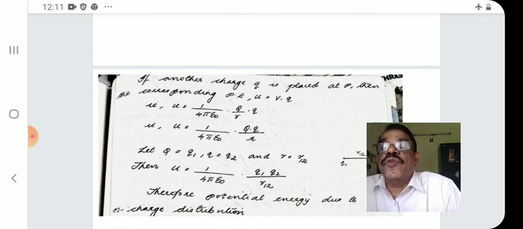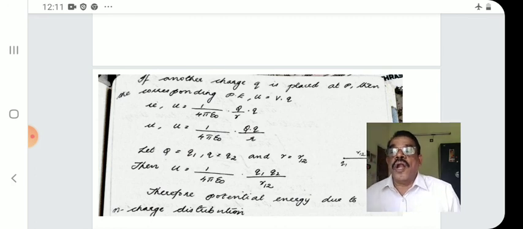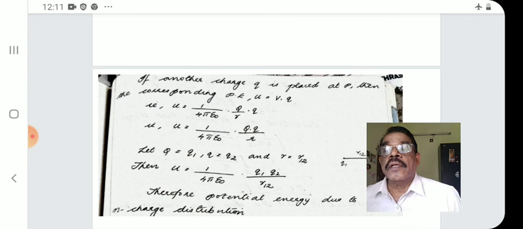Therefore, U is 1 by 4 pi epsilon 0 Q by R into q. We say U is equal to 1 by 4 pi epsilon 0 capital Q, small q by R.